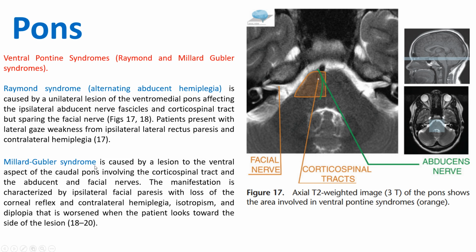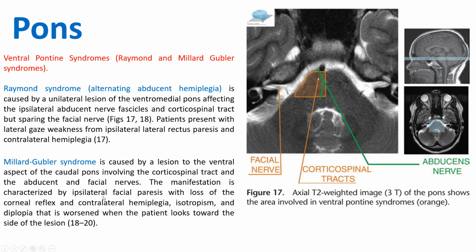The Millard-Gubler syndrome is caused by a lesion to the ventral aspect of the caudal pons involving also the corticospinal tract, the abducent and facial nerve. So in Raymond syndrome, we involve the abducent nerve and the corticospinal tract with sparing of the facial nerve. If the facial nerve is affected, we call it Millard-Gubler syndrome.